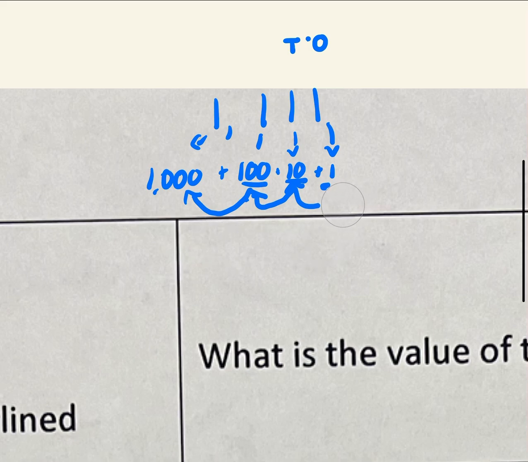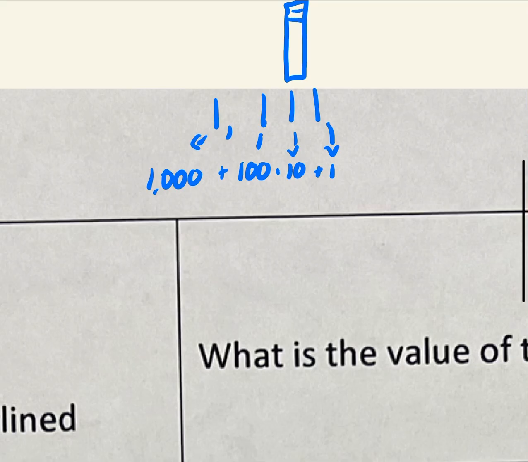Now to think about 1/10. 1/10 is exactly what it sounds like. It's where you take 1 out of the 10. So if we think about our tens block, our rod, which looks like this, a rod has 10 places on it: 1, 2, 3, 4, 5, 6, 7, 8, 9, and 10.